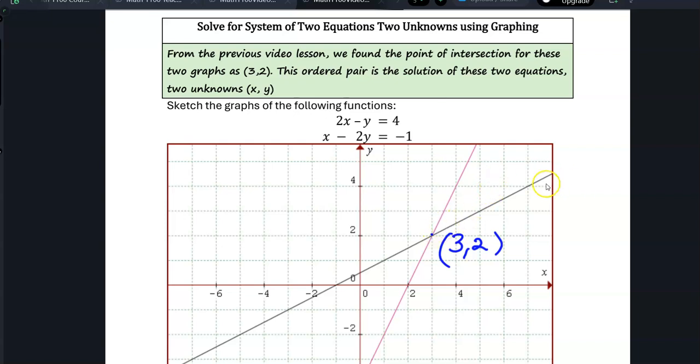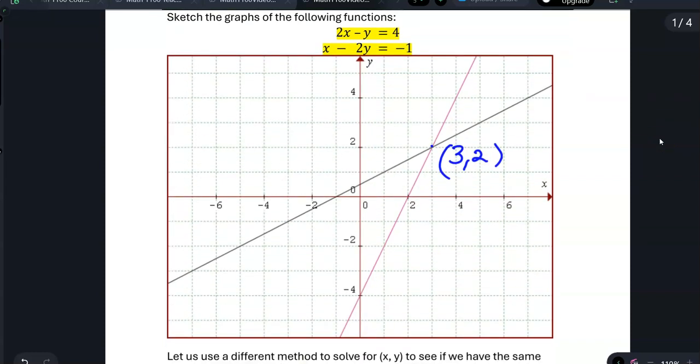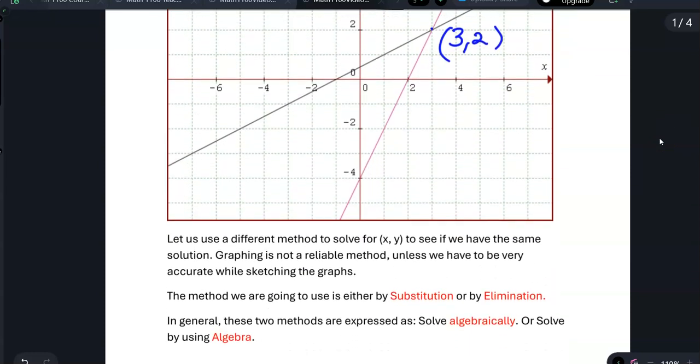Because it is the point of intersection, this point stays true for the first equation and also stays true for the second equation. Having said that, we have done a very accurate job, right?